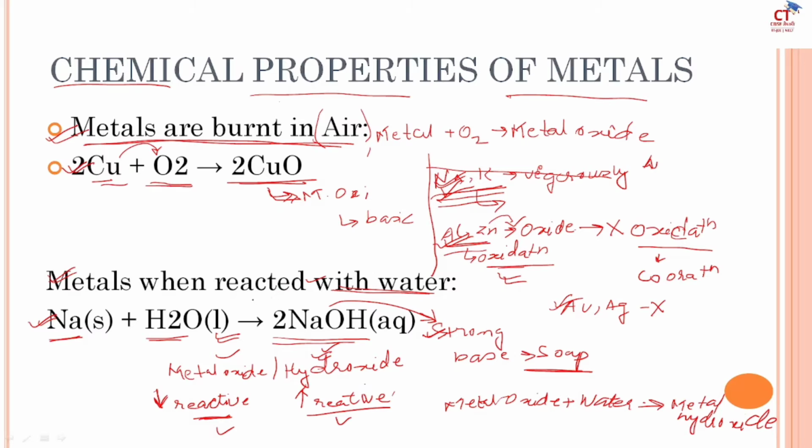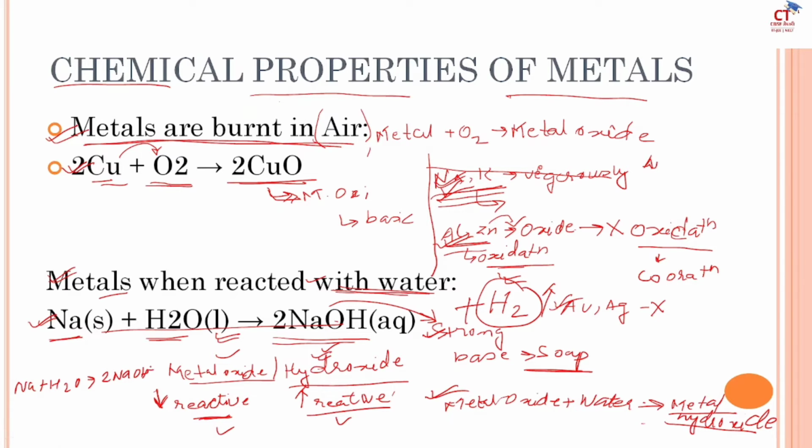So basically, metals when they react with water give you metal oxides or hydroxides, and also a gas is evolved, that is hydrogen. H2 is also produced. So this equation can be written as Na plus H2O will give you 2NaOH plus H2.